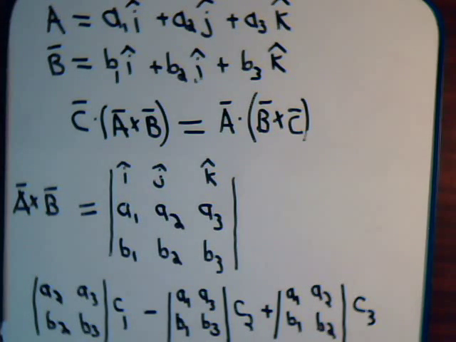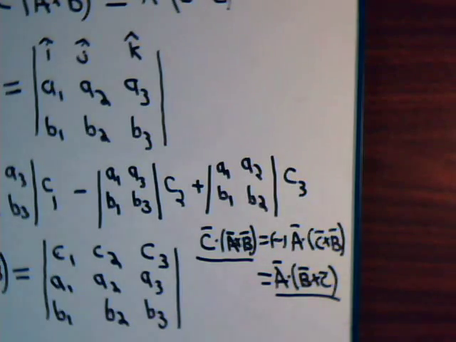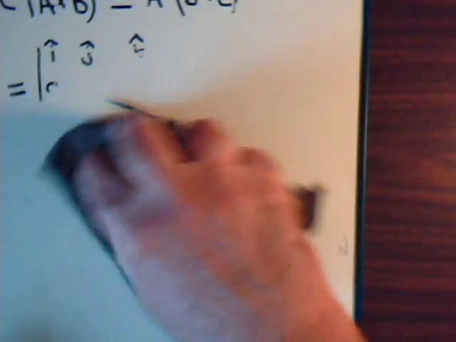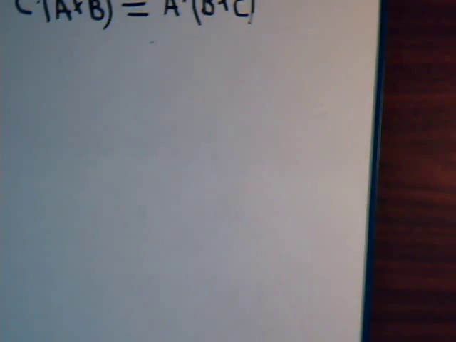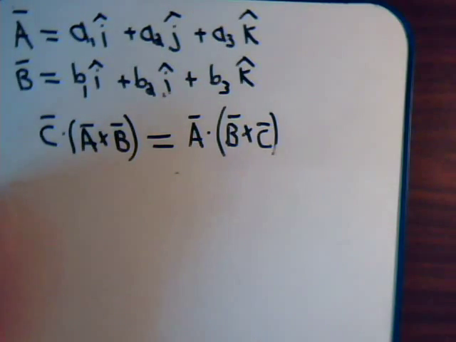Now, I have a few moments left. There's a way that we can conveniently express all of this information and more. By doing it like this, A dot B cross C, we can write that in abbreviated form like this.